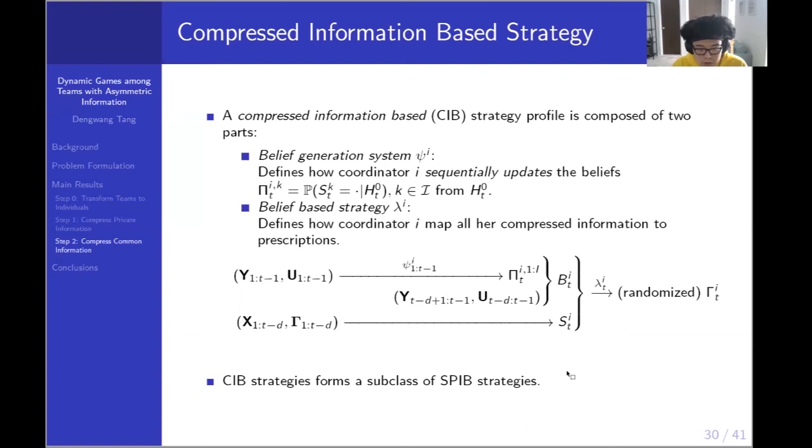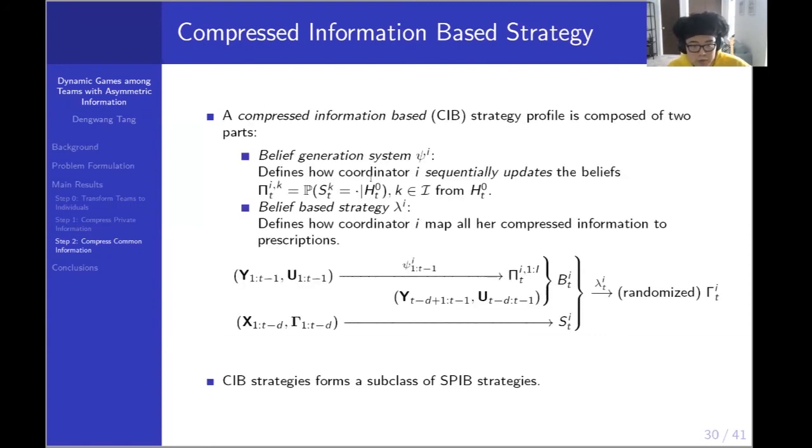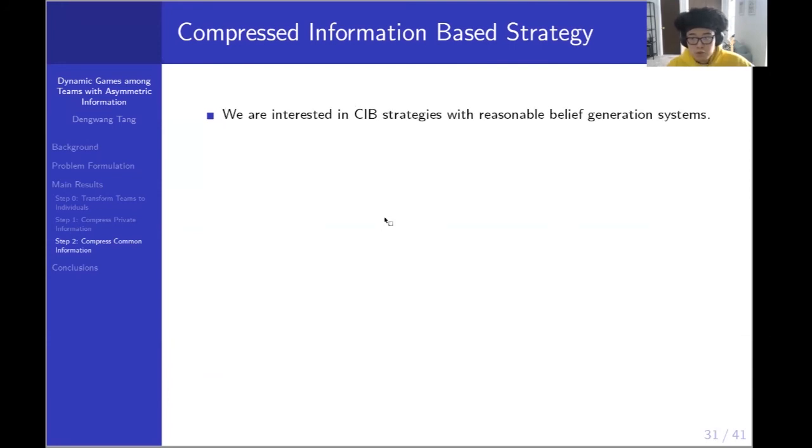Note that this forms a subclass of SPIB strategies. We are not just interested in any CIB strategies. We are interested in those with reasonable belief generation systems. Because, as we have described, this belief generation system can be anything, but we want it to mimic what is reasonable.